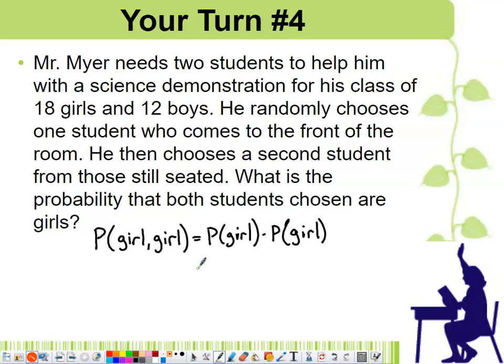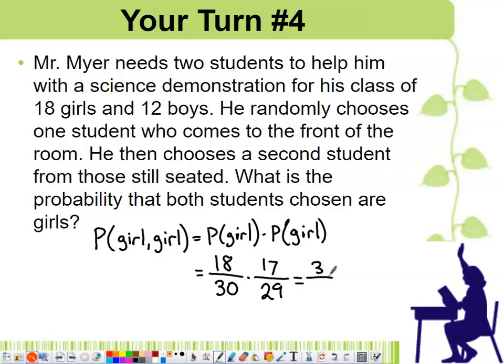Okay, so probability of getting a girl, and then probability of selecting another girl. So how many total students do we have, right? So we have 18 plus 12, that's 30 students, and we have 18 girls. How many students do I have left? I have 29. How many girls do I have left? I have 17. And we're just going to go ahead and multiply those straight across. So let's simplify. 18 over 30 is 3/5.